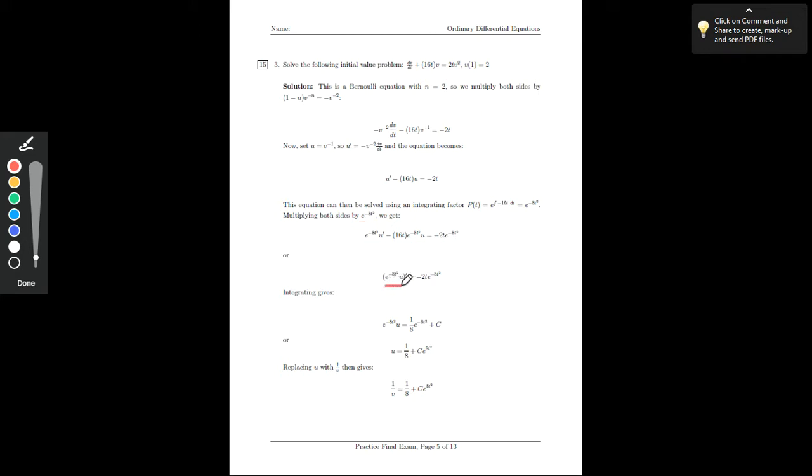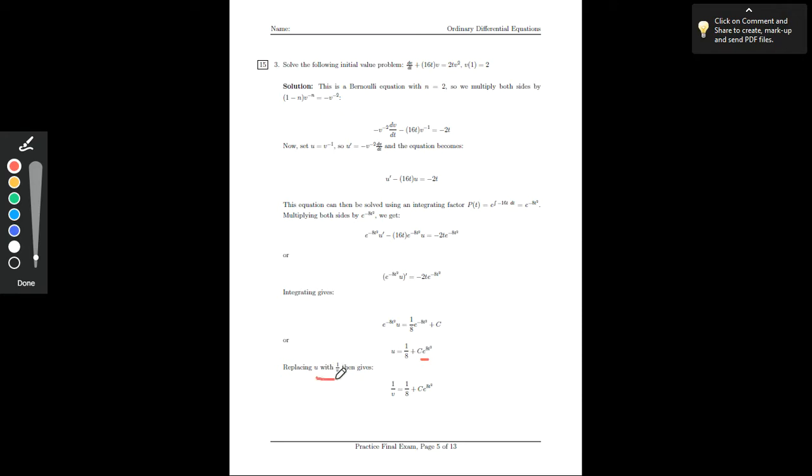E to the minus 8t squared u, in parentheses, prime is negative 2t e to the minus 8t squared. So we get e to the minus 8t squared u equals 1/8 e to the minus 8t squared plus a constant. Now we multiply both sides by e to the 8t squared. We get u is 1/8 plus c e to the 8t squared.